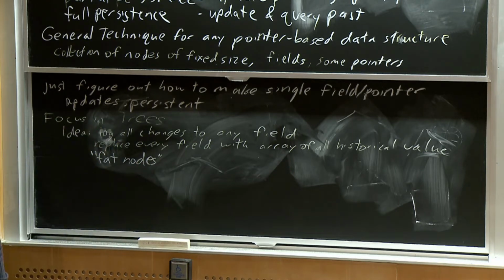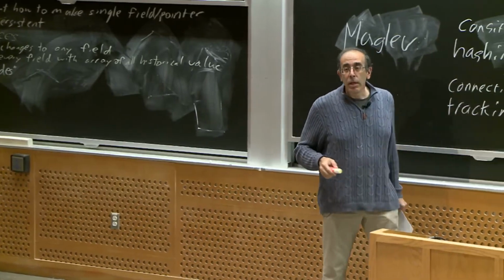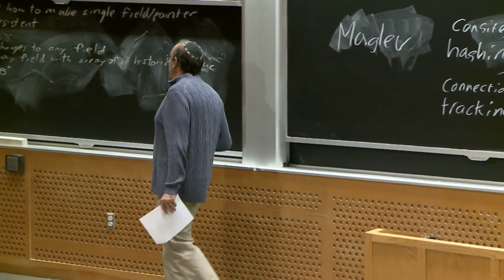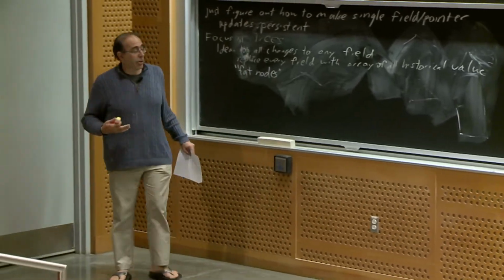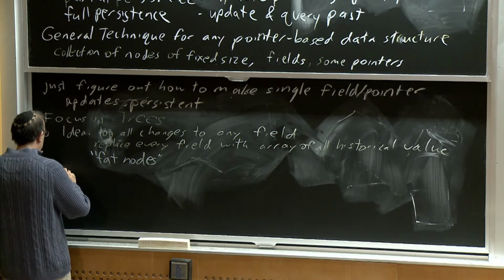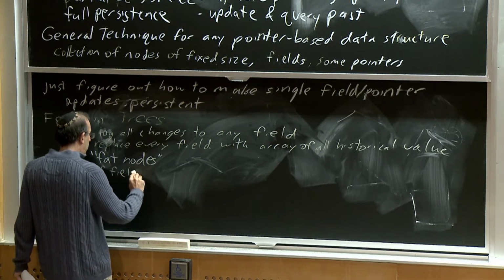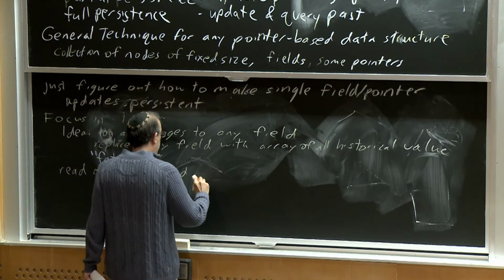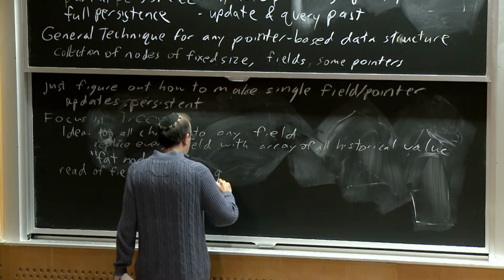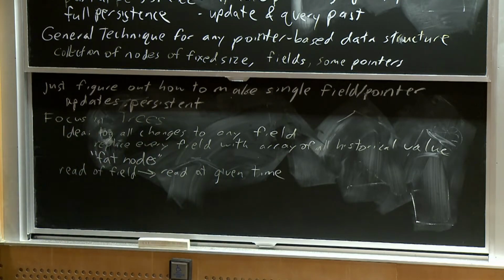for obvious reasons. So if we imagine having an array or linked list of values for every field, how do we simulate the standard operations of the data structure? Well, every read of a field has to become a read at a given time from the record of all the values that have ever occurred in that field.